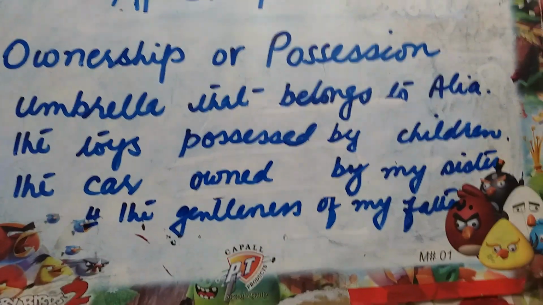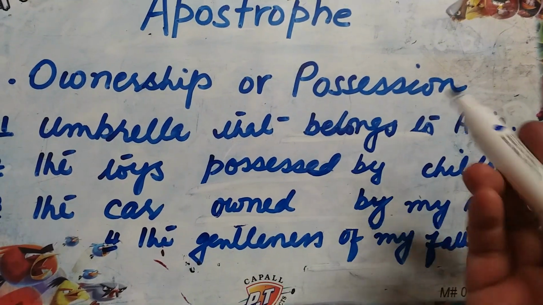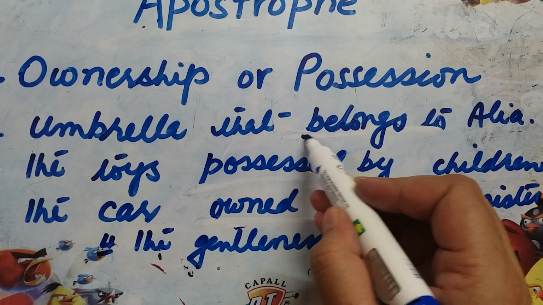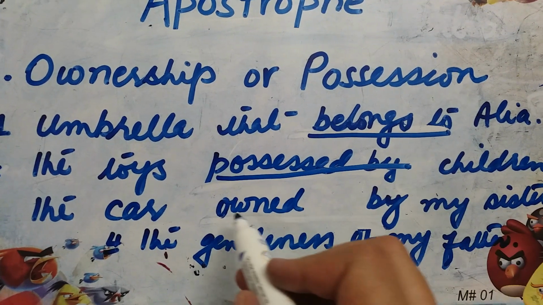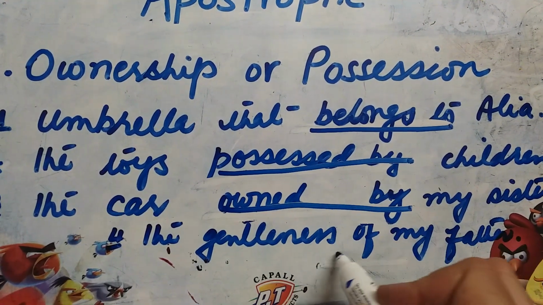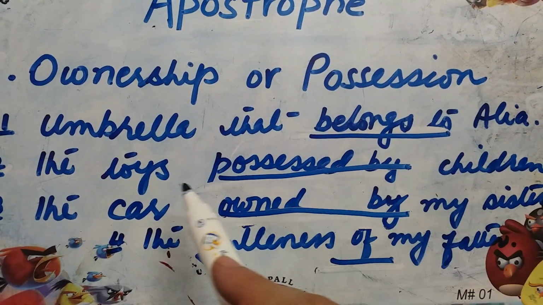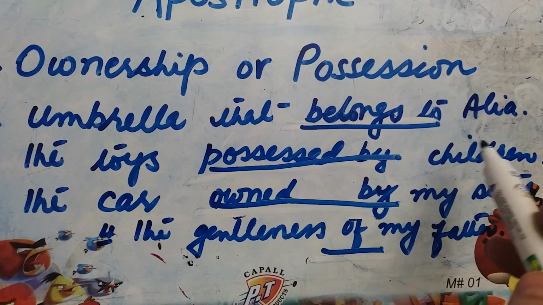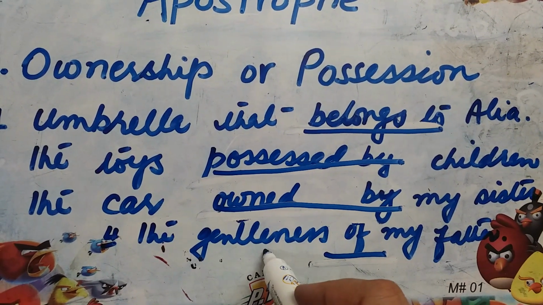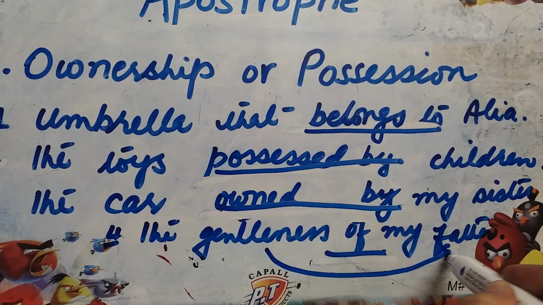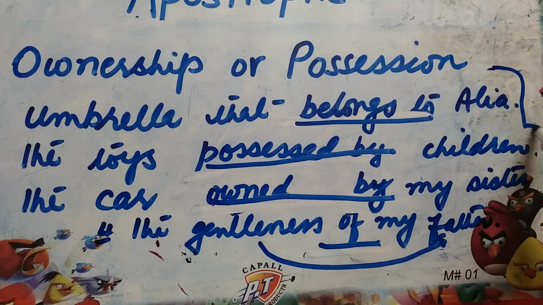So you can see we use certain words to show the ownership, such as belongs to, possessed by, owned by, of. So these words define that something belongs to these people.